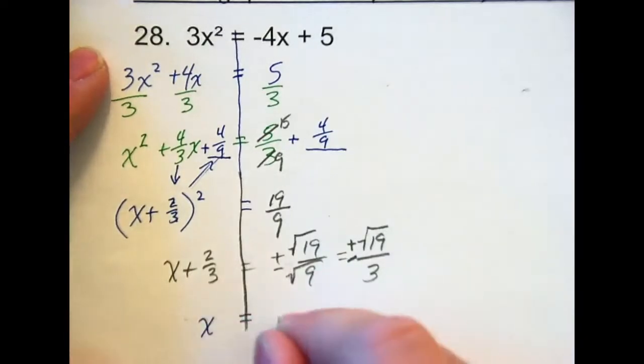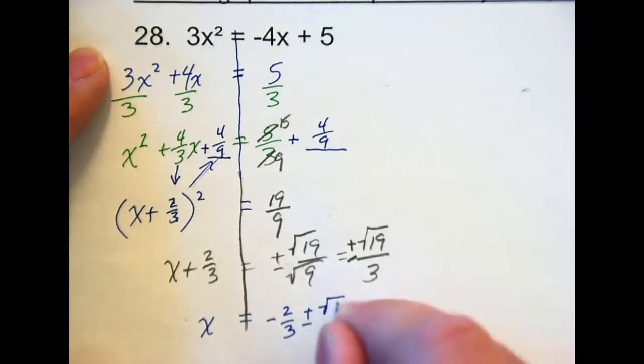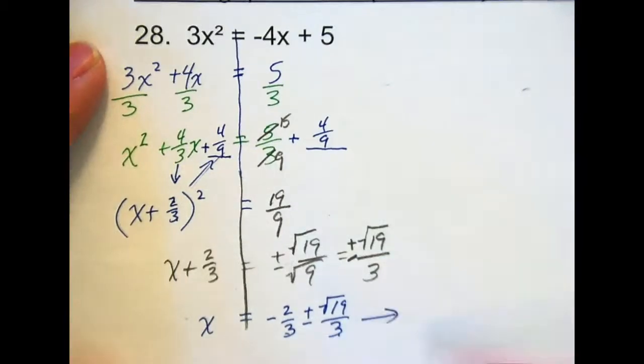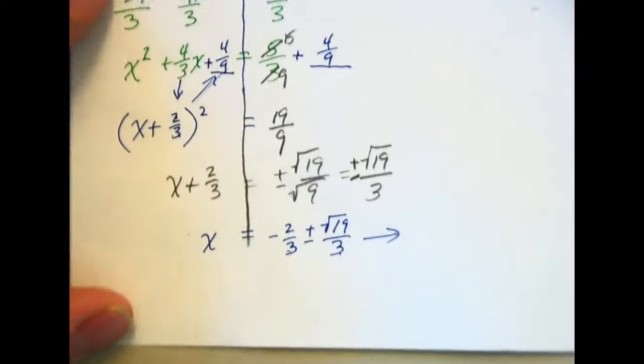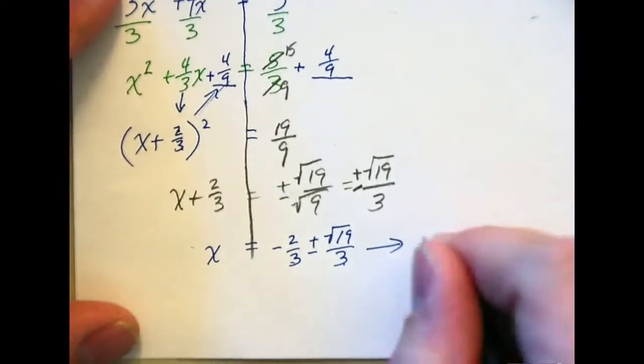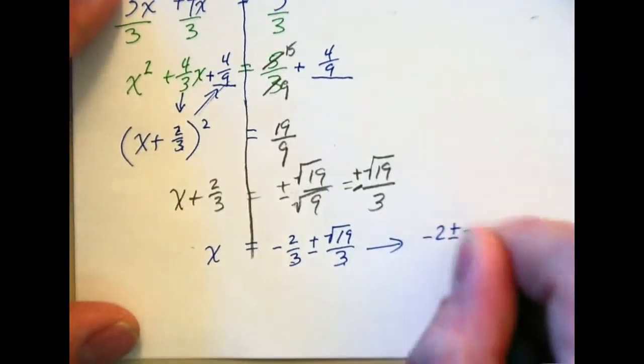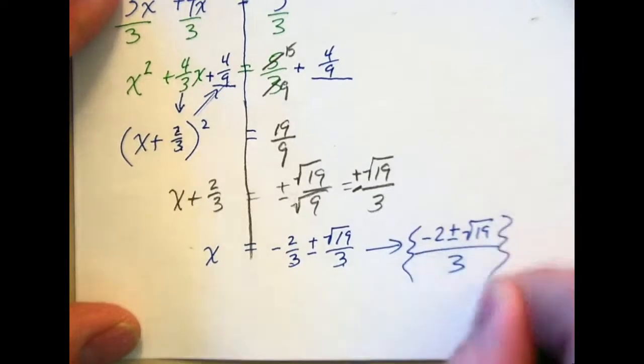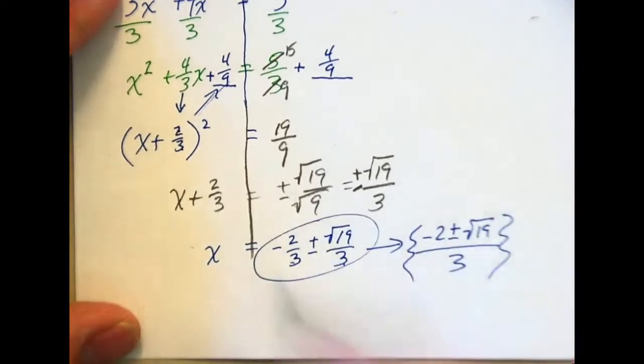X equals negative 2/3 plus or minus root 19 over 3. Since these are the same denominator, the other way you could write that, probably the way you'd see it more often, is negative 2 plus or minus root 19, all over 3. Either of those answers would work.